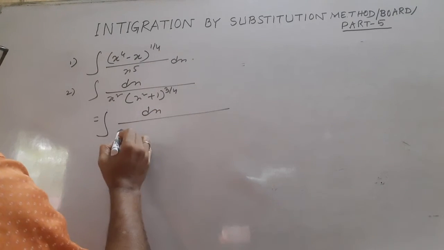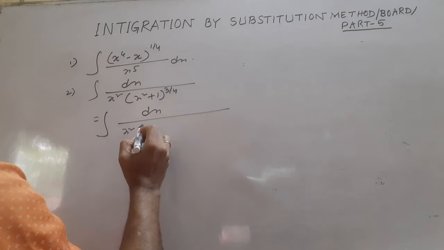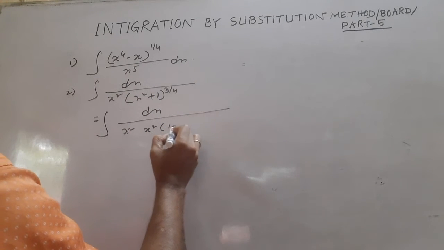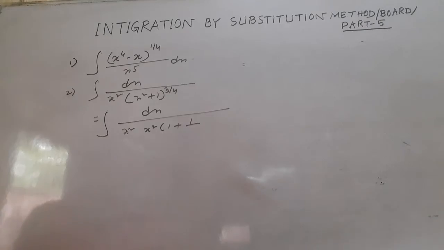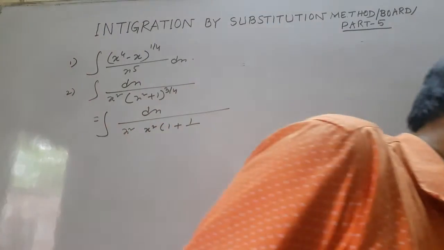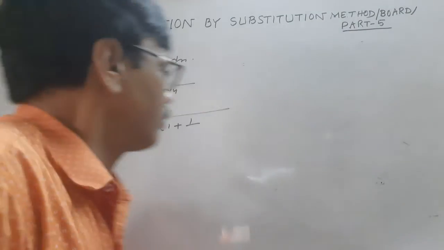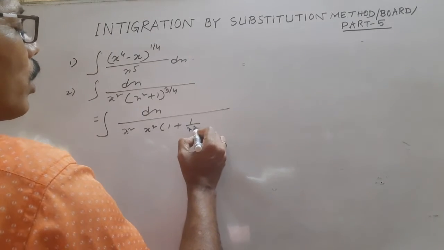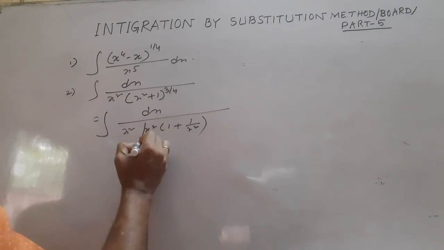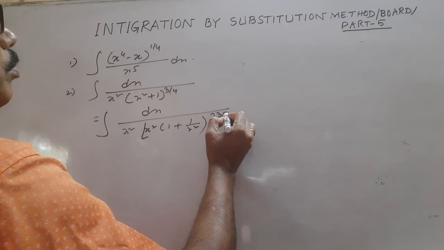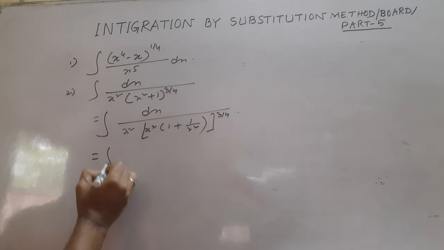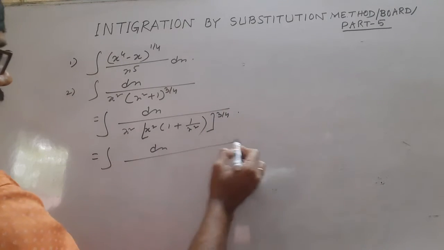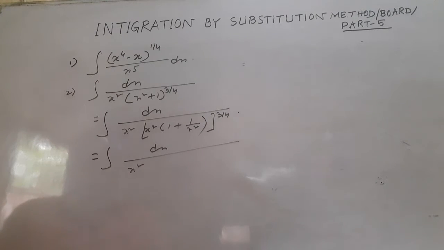Look, if you take x square common, x square into 1 by x square whole to the power 3 by 4. So dx by x square unchanged.